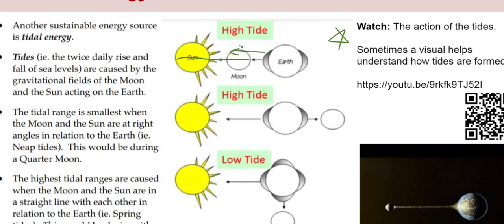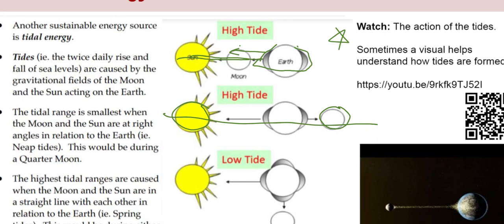But what can move on the Earth easily? Well, the land doesn't, but the water does. So the water will swell in the areas of the Earth that are in line with the moon and the sun. Okay, that creates a high tide. You can also have a high tide created when your moon is on the other side of the Earth from the sun, but they are lined up with the Earth.